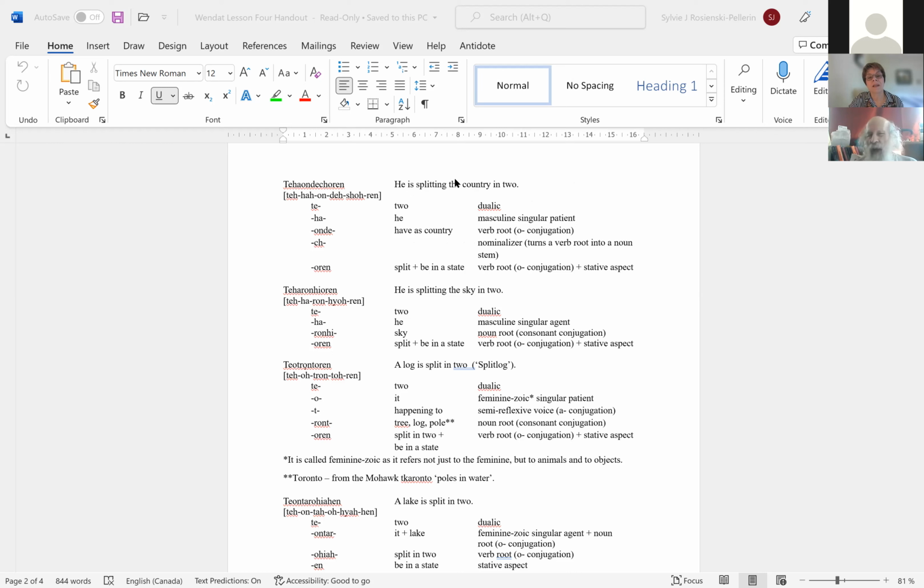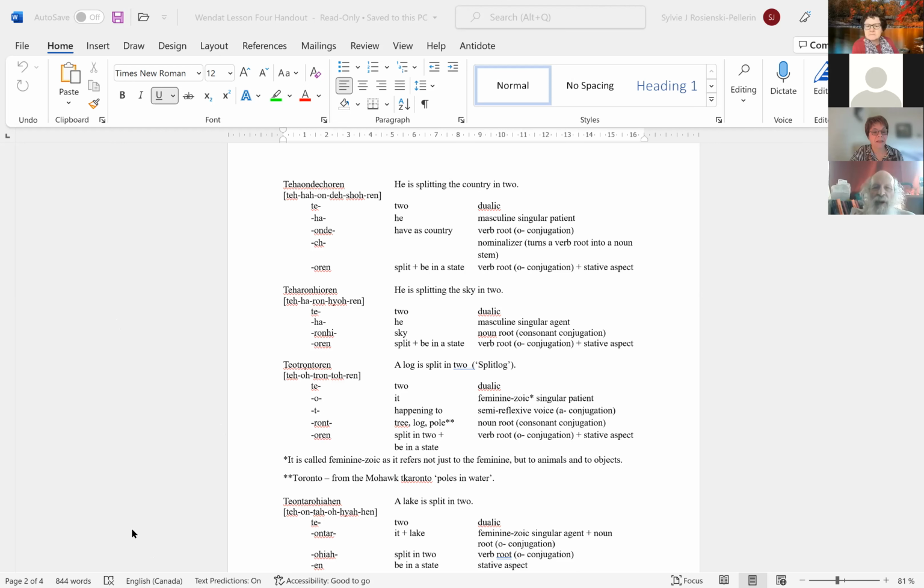I think what you'd have to do with that is add a semi-reflexive, which means he is splitting a country that is his. That's what I would do for that. That's an interesting question. I hadn't thought of that.